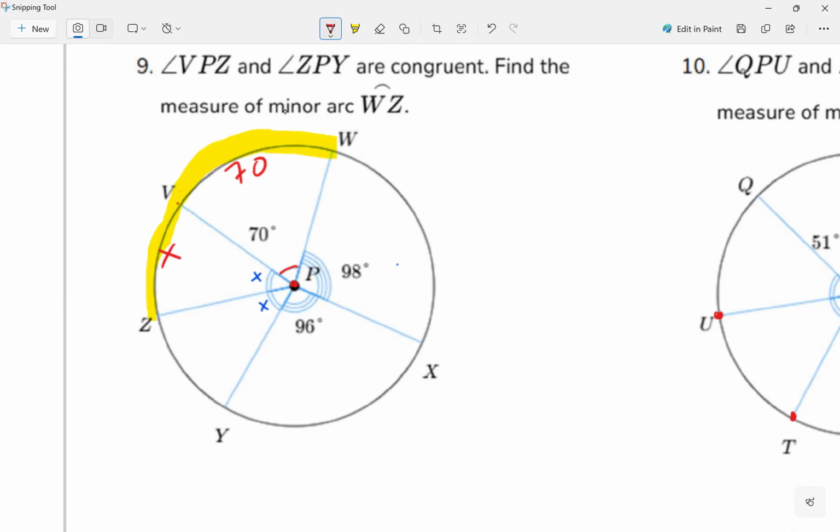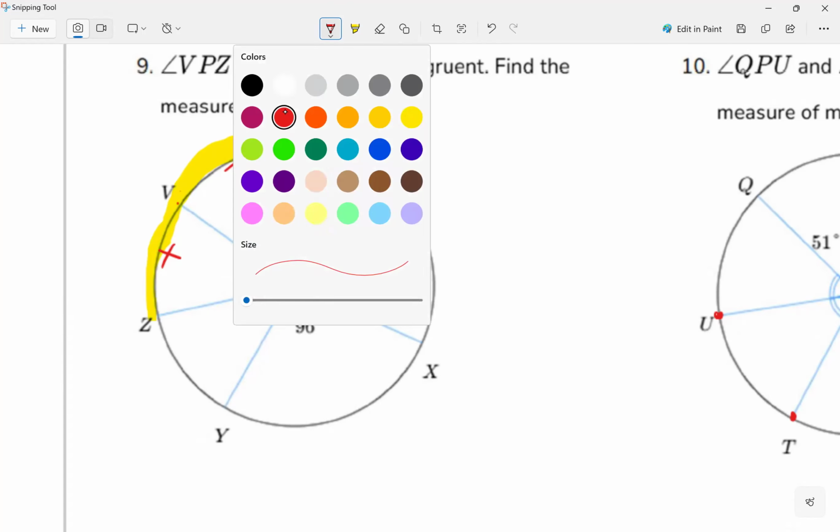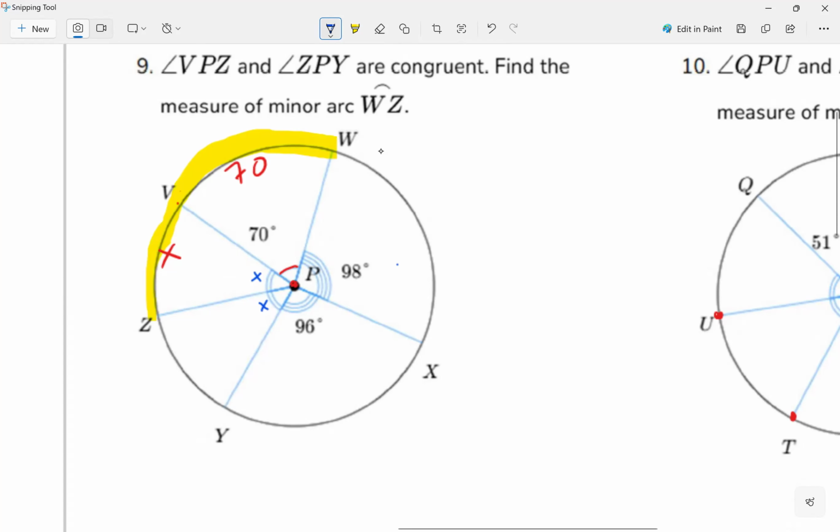What else do we know from the inside? If I look at my angles on the inside and add all of them, 70 plus 98 plus 96 plus X gives me a circle. To solve for X, I'm going to add everything.